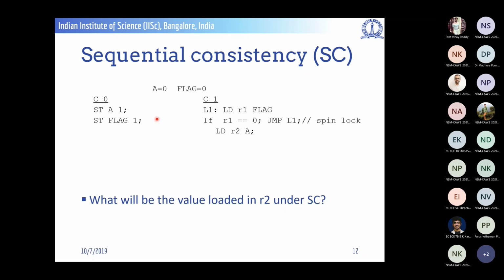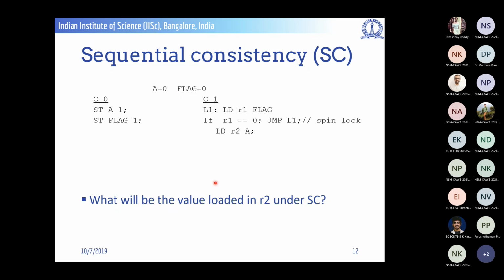So if this other thread running on C1 sees the updated value of this flag, because it is looping here, then it is certain that the updated value of A should also be visible to C1, because that has to have happened in the globally visible order.